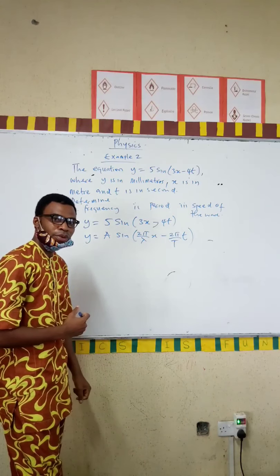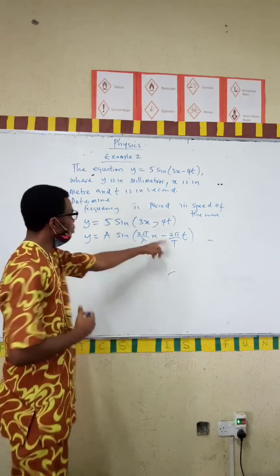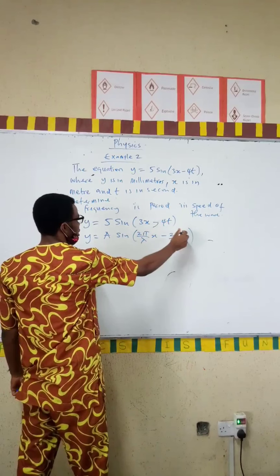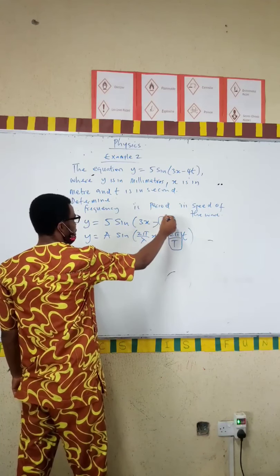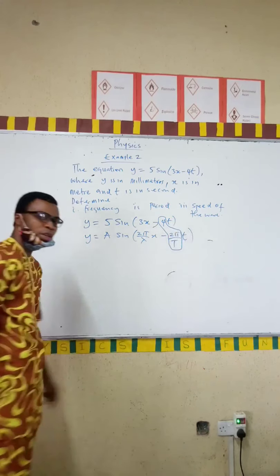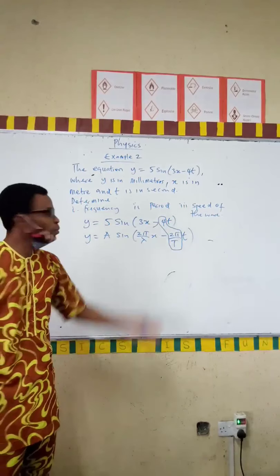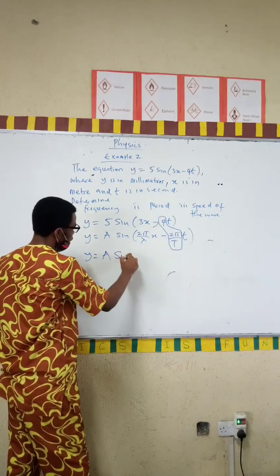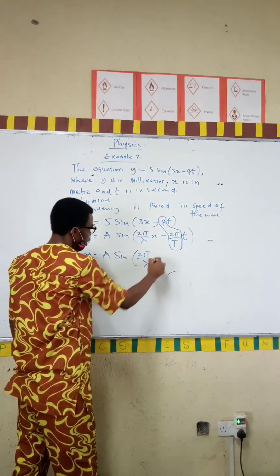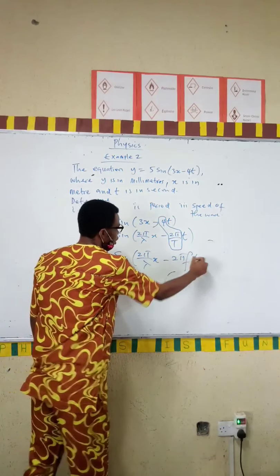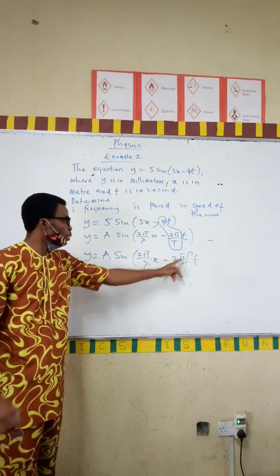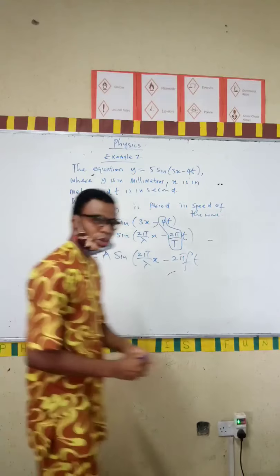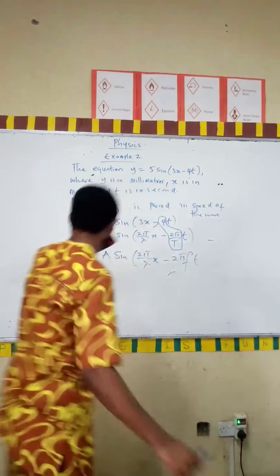From here, I can get my period, and then my frequency, because there is a relationship between period and frequency. But if you find this difficult, you can just go straight to use equation 1. I think that will be very simple for students to manipulate. So 2 pi f equals 4, then you get your frequency. But let me use equation 2, since I've decided to do that.